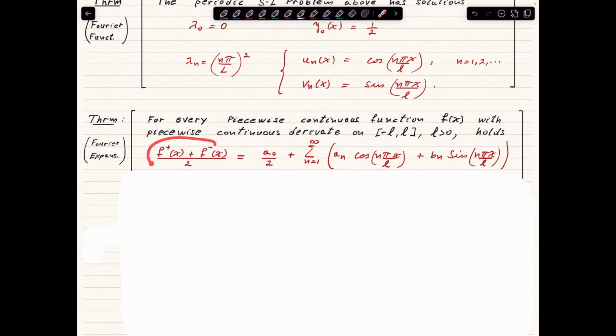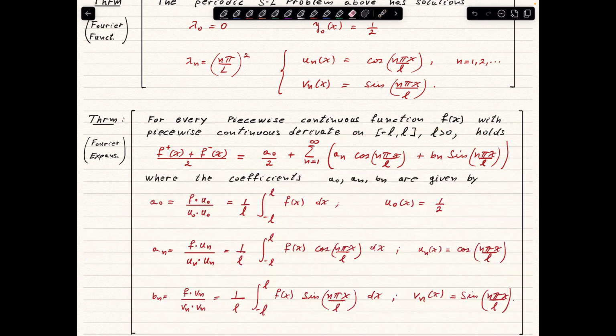And again, we are going to have the same thing here. The average of the side limits is going to be equal to an expansion that contains both sines and cosines. In our expansion we have only sine or cosine depending on which eigenfunction we are using. In general you can have both. And the formula for the coefficient is the same as before. It's the dot product of a function with the eigenfunction divided by the magnitude squared of the eigenfunction.